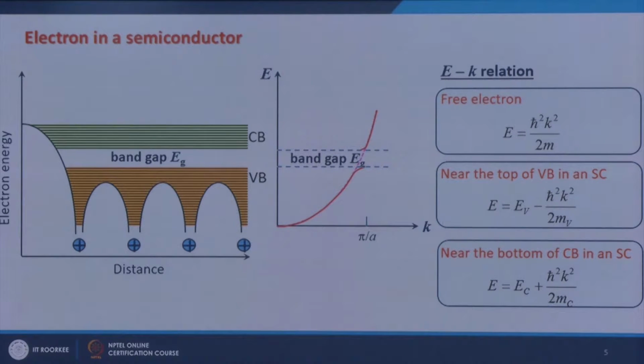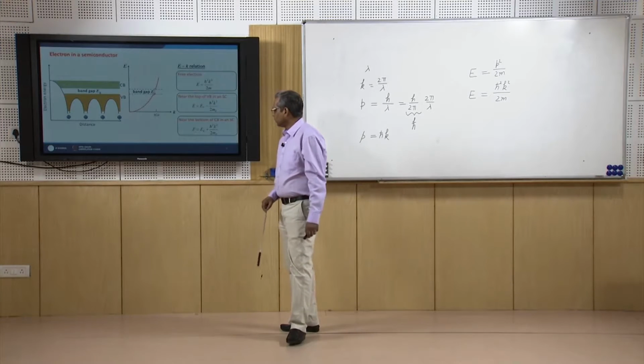Then the E-k relation is modified as near the top of the valence band, the energy is given by EV minus h cross square k square over 2 mv, where mv is the effective mass of the electron in the valence band, and near the bottom of the conduction band in an SC, SC stands for semiconductor, E is equal to EC plus h cross square k square over 2 mc, where mc is the effective mass of the electron in the conduction band.